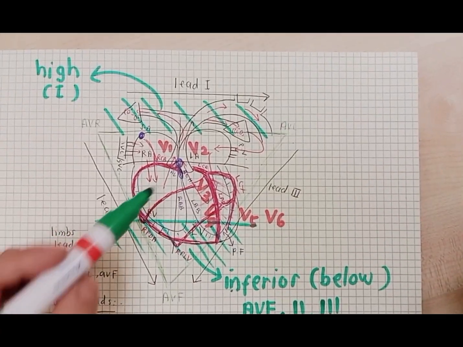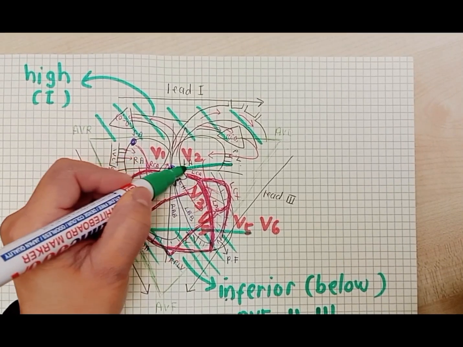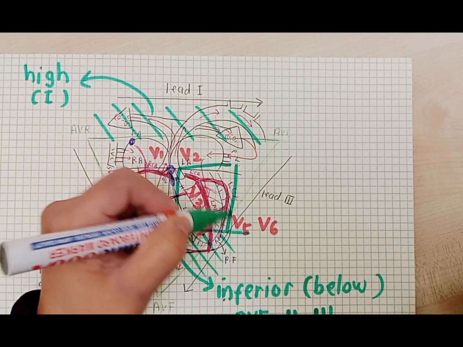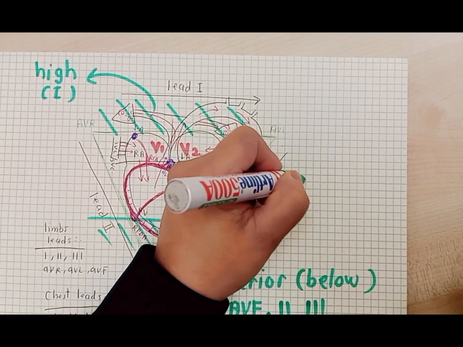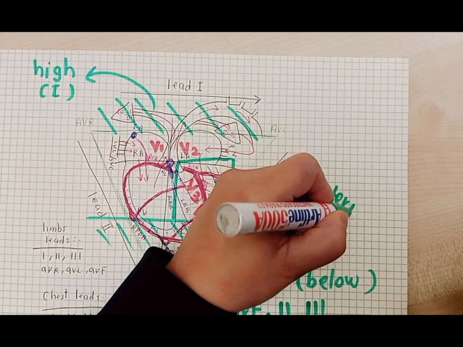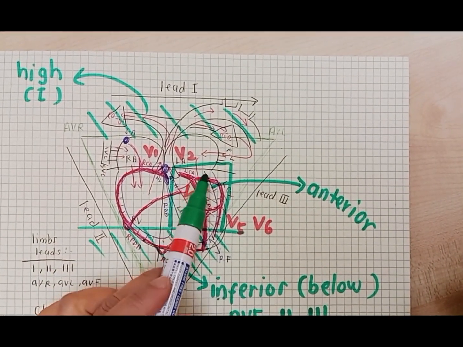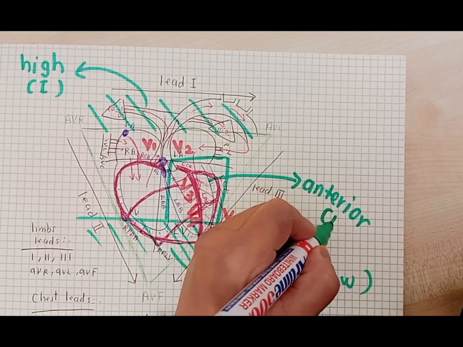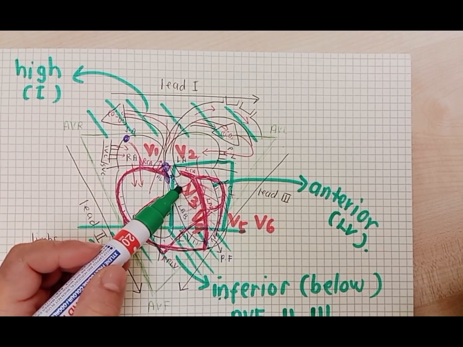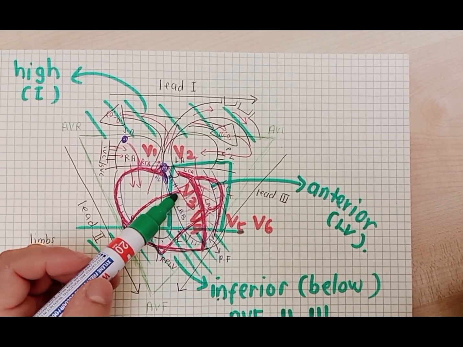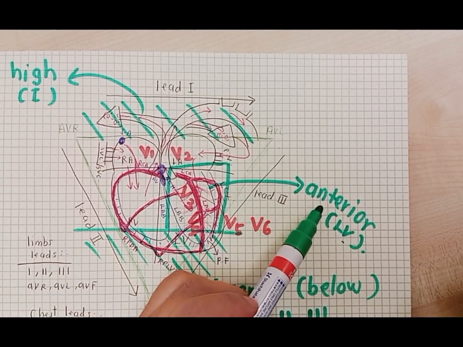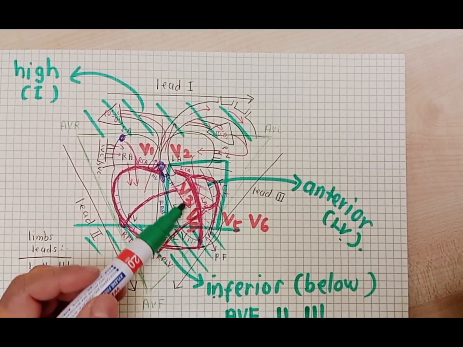So this is the anterior part. The anterior part of our heart is the left ventricle. The leads that cover the left ventricle, or show the anterior part, are V3 and V4.